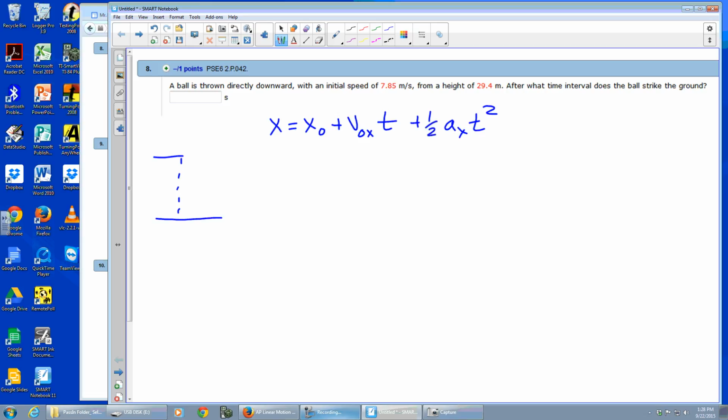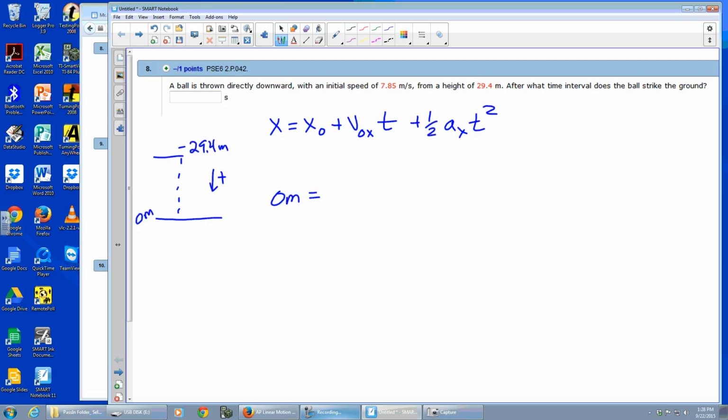So we're calling this at 0 meters. We're calling this direction as positive. So that means that this is at negative 29.4 meters. So we're going to end up at 0 meters.